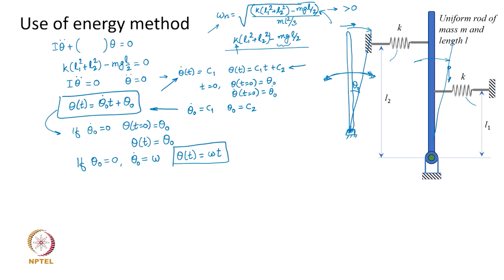It is going to rock, or swing continuously as t progresses. It will continuously go forward. It is going to rotate in the clockwise sense, depending upon, of course, in which direction the initial perturbation velocity I give it.